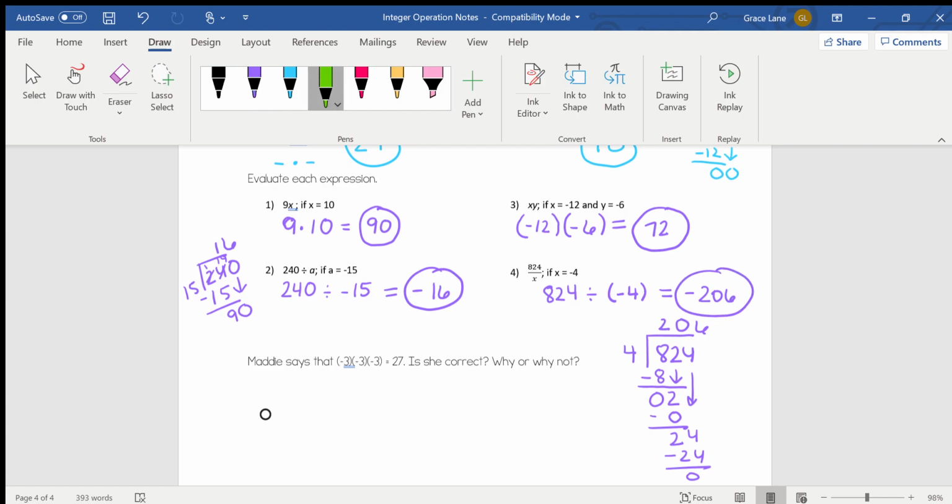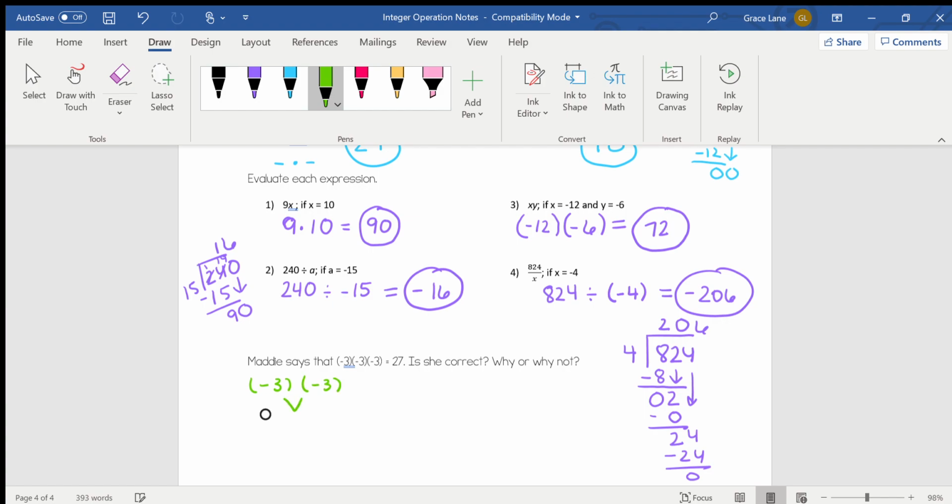And then finally, the last question, it says, Maddie says that negative 3 times negative 3 times negative 3 is equal to 27. Is she correct? Why or why not? When you have 3 numbers like this being multiplied together, I would just do it step by step. So I first do negative 3 times negative 3.